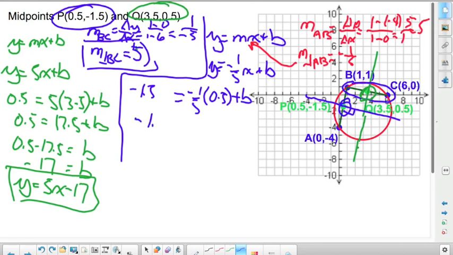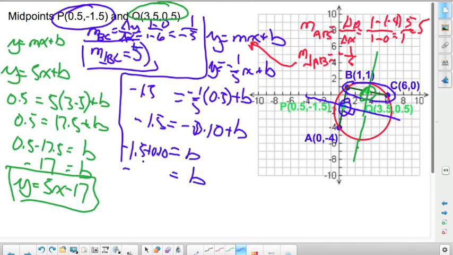So negative 1.5 is equal to, so what's 0.5 divided by 5? What's 0.5 times 0.2? That should be 0.1? Negative 0.1. So here I want to add 0.1 to both sides, so negative 1.5 plus 0.1 is equal to b.